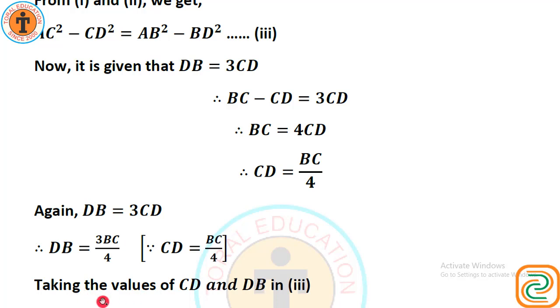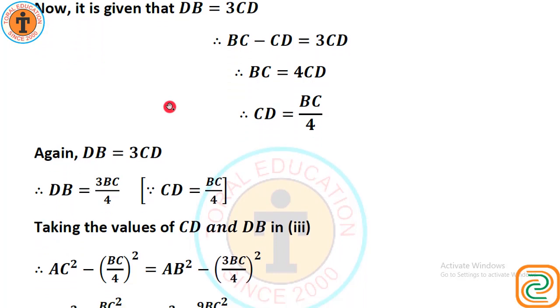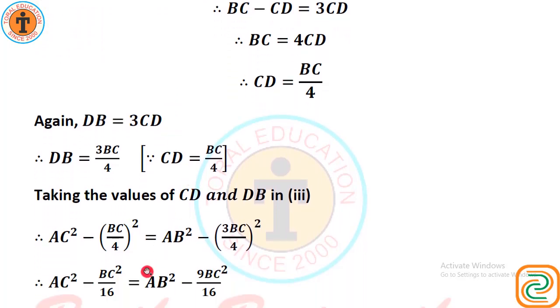Now, taking the value of CD and BD in the third equation, AC square minus BC upon 4 square equals AB square minus 3BC upon 4 square.